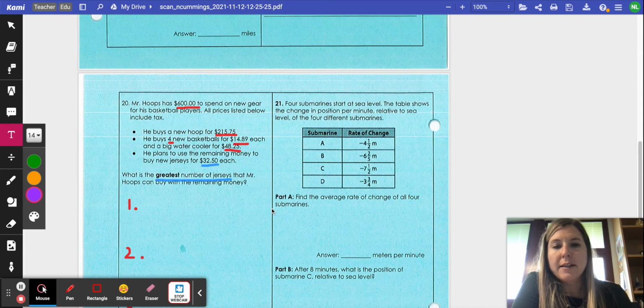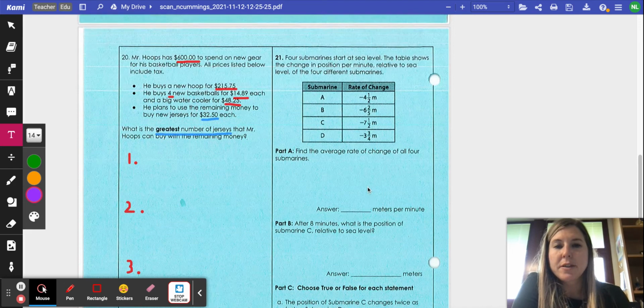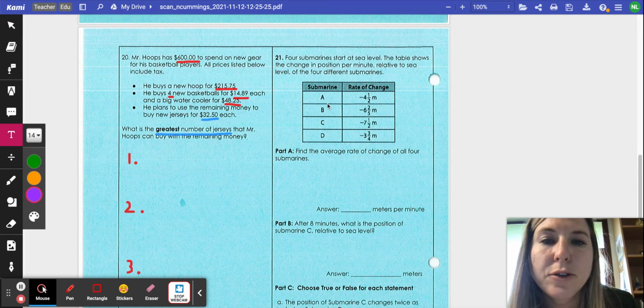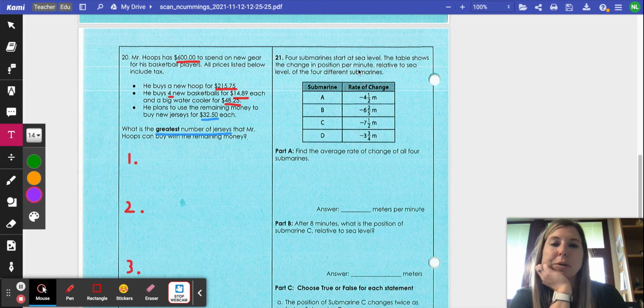All right, and the last question has 3 parts. It says 4 submarines start at sea level. The table shows the change in position per minute relative to sea level of the 4 different submarines. So submarine A goes down, or it goes negative 4.5 meters per minute.